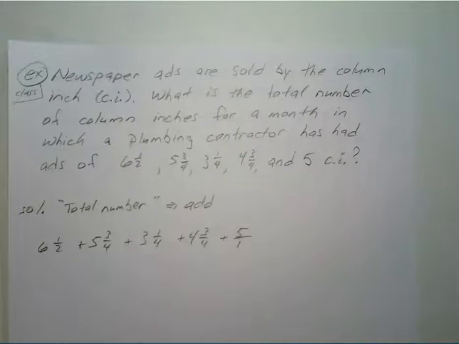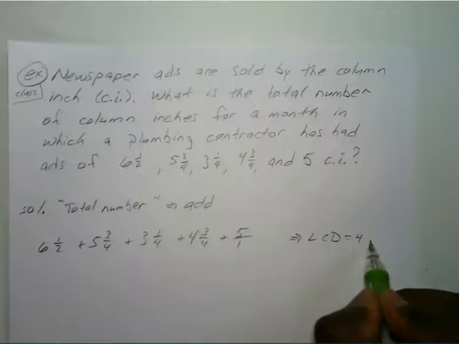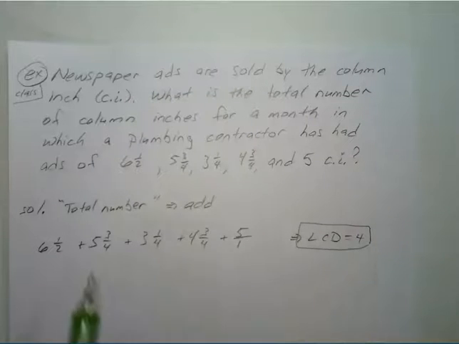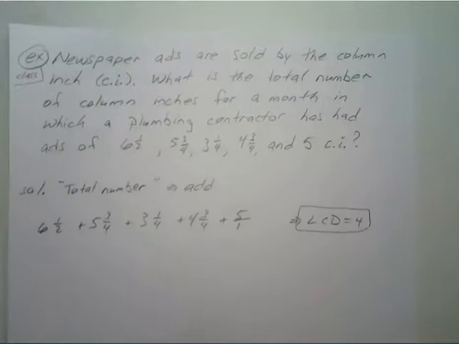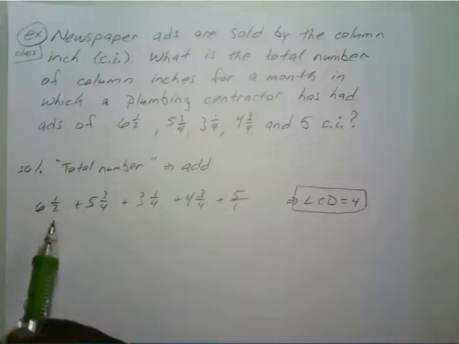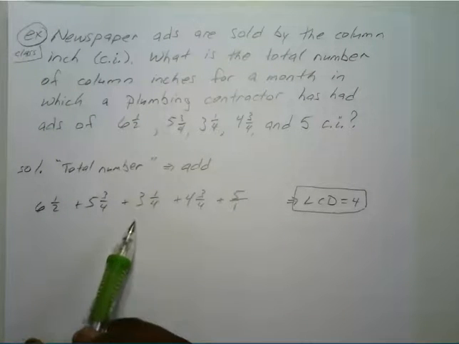Okay. So now we can see that if we wanted to solve for our least common denominator, it would equal 4. Because you have 2 and you have 4 and you have 1, the least common denominator would be 4. So what we have to do is convert all of these to have a denominator of 4.